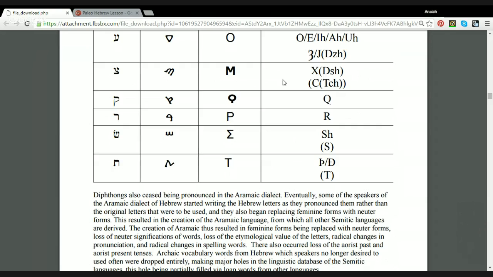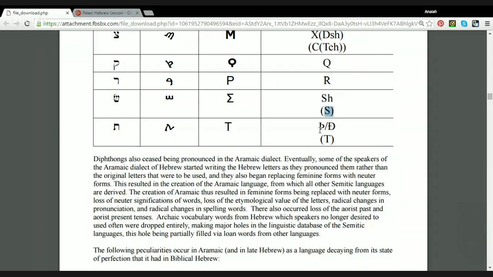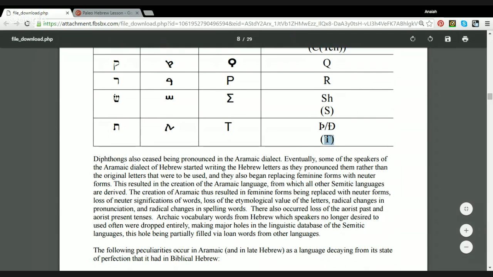Which sounds very similar to the TS. And then Q, pretty much the same. Resh, they say SH when it begins the syllable, S when it ends the syllable. And then Tav, TH, th, when beginning a syllable, and just a T when ending a syllable, like Shabbat, T when ending a syllable. That's an overview. Not all dialects do this, but it's a generality.